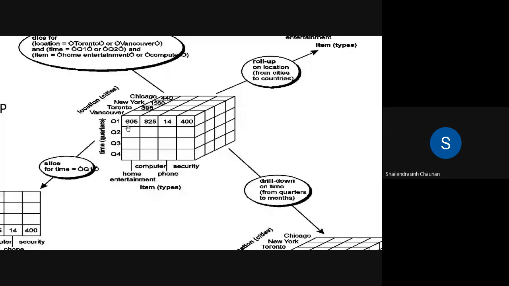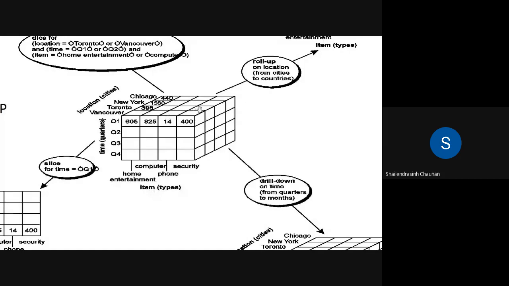Now, next 825. 825 is representing that in Vancouver city, in the first quarter, I had sold a total of 825 computer items. Now, what is this 440? 440 is representing that in Chicago, in the first quarter, I have sold a total of 440 home entertainment items. And that is the representation of this cube.